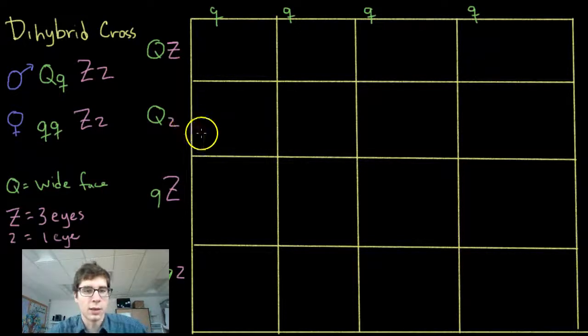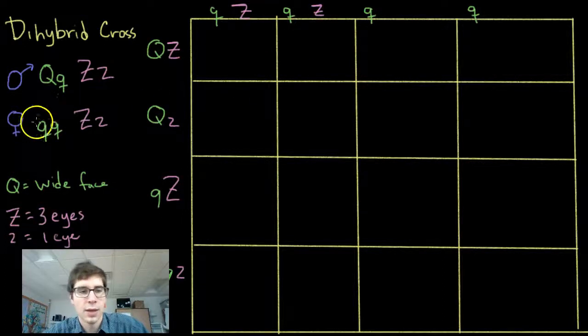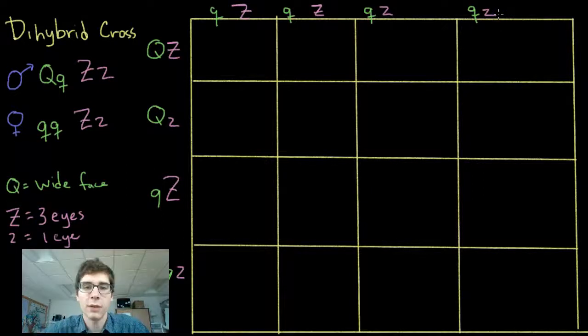We could get a lowercase q with a capital Z, so there's two ways of getting that. And we could get a lowercase q with a lowercase z. So mom can really only pass down two different combinations, the lowercase q with a capital Z, or lowercase q with a lowercase z.